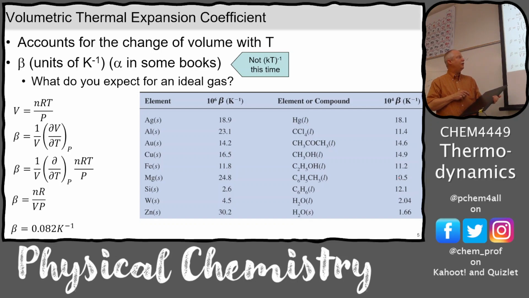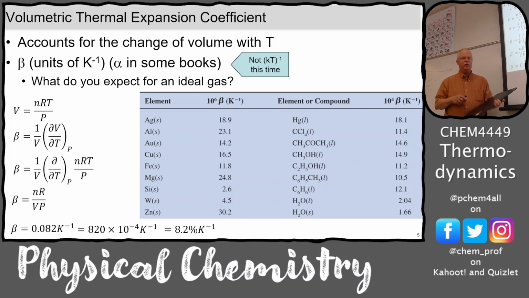So if we put in all of our units for a mole and so on, and 1 atmosphere pressure, the gas constant, etc., this is what beta turns out to be. Okay, 0.082 per Kelvin. So what does that mean? Well, that's in terms of this magnitude of these up here, like 10 to the 4th beta, etc. So this is 820 compared to these numbers over here in the table.